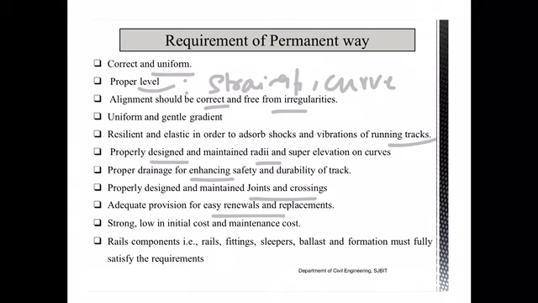The various components, such as the rail fittings, sleepers and ballast formation, must satisfy the requirements, and if at any time the requirements are not being satisfied, it should be possible for us to improve or replace them. These are some of the ideal requirements of the permanent way. Your track has to be constructed keeping all these points in mind.